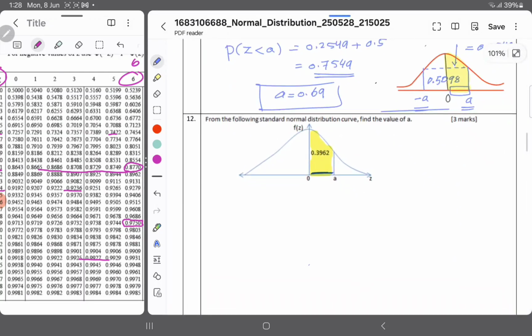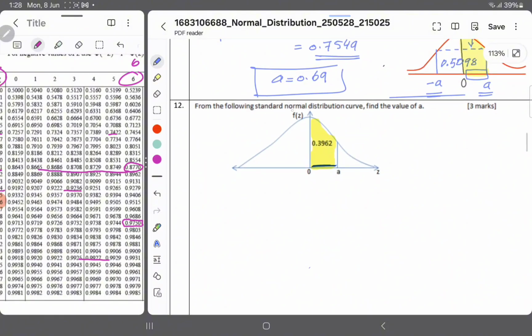Now we are going to the next question. He said from the following standard normal distribution curve, find the value of a. It's a very good question also. So we just use the table if you know the whole area below a. But we know that the area below 0 equals 0.5.